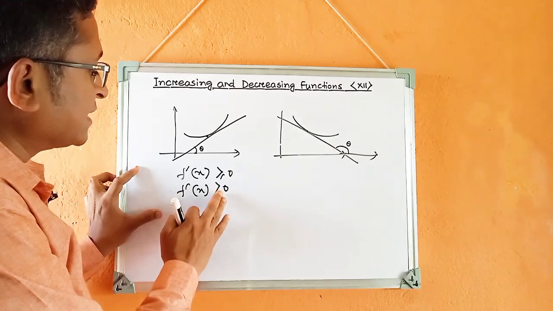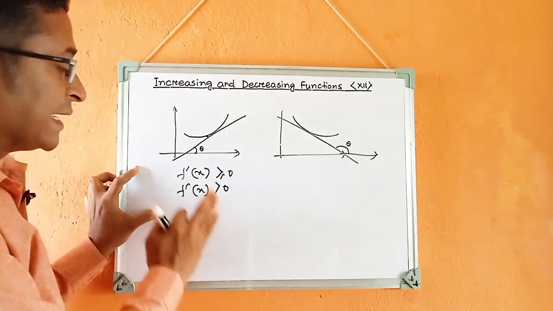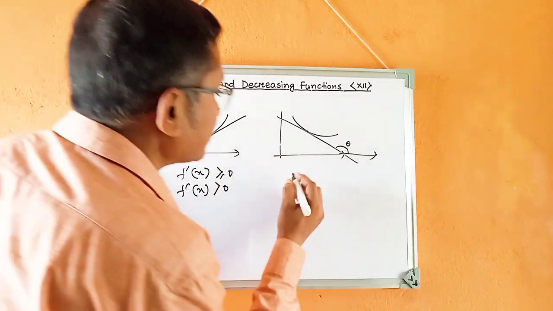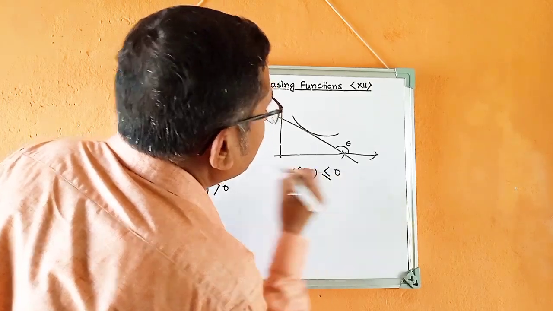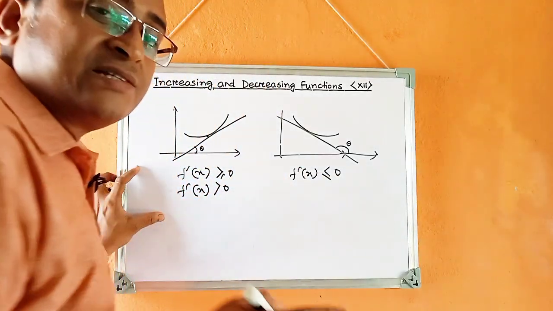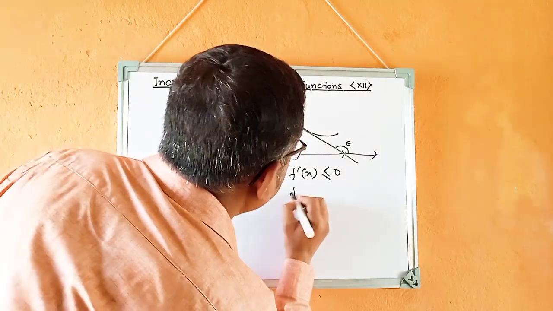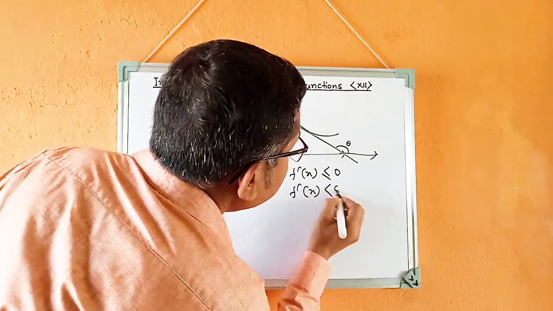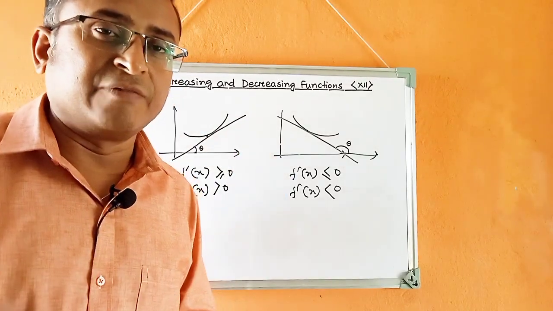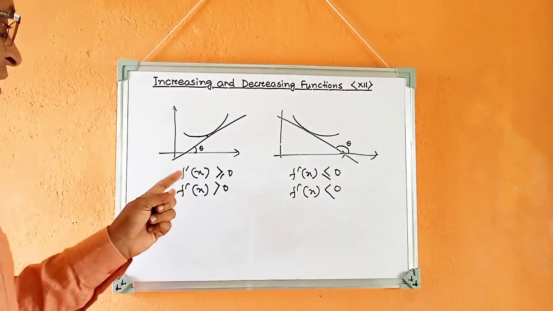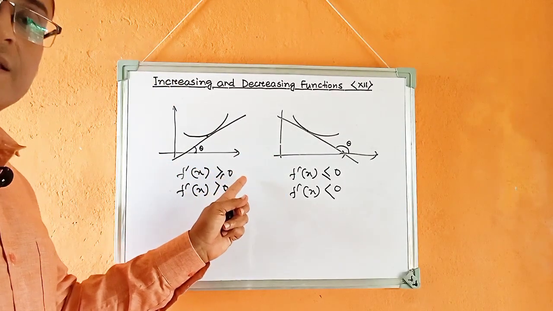In case of decreasing, f dash x is less than or equal to 0, that means negative value, that is a decreasing function, and when f dash x is less than 0, only less than, that means strictly decreasing function. Clear? Note it.